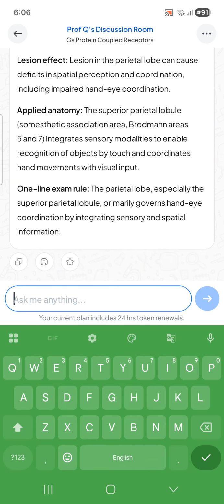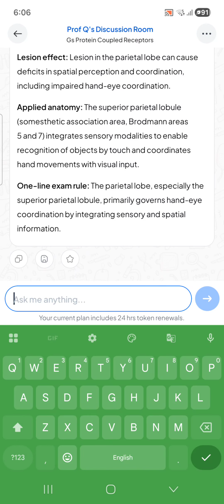The parietal lobe, especially the superior parietal lobule, primarily governs hand-eye coordination by integrating sensory and spatial information. So this gives much more detail. Unless you are just looking for the explanation, you may be asked questions on the superior parietal lobule, or it can be as simple as parietal lobe.